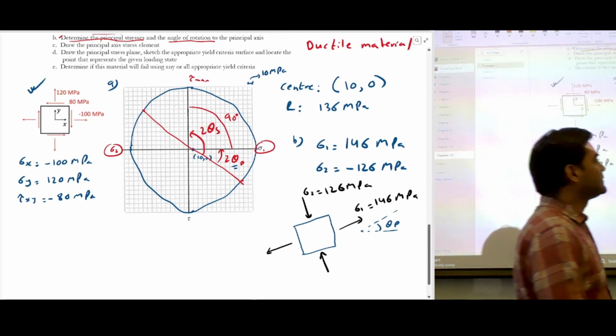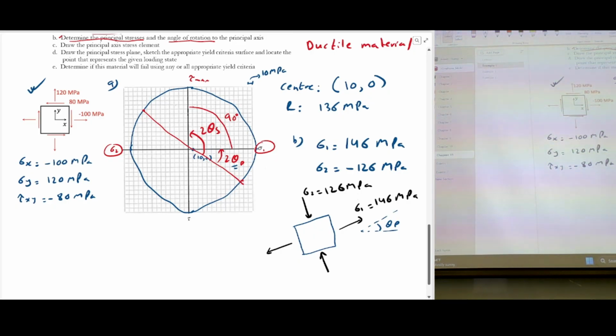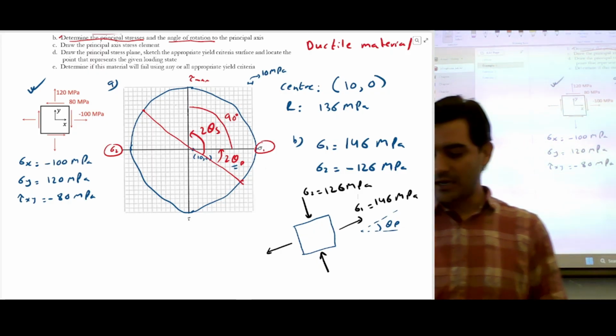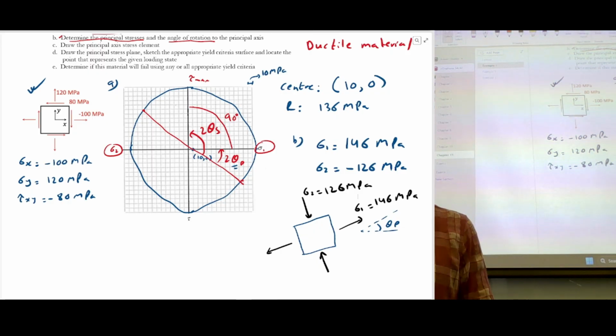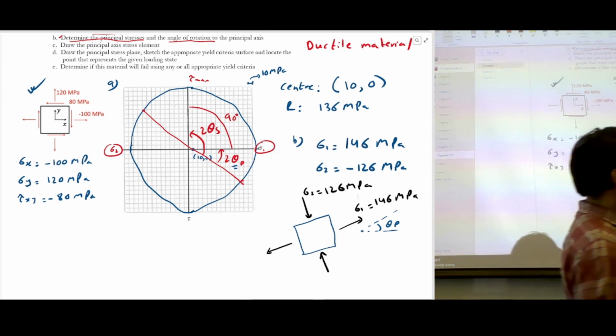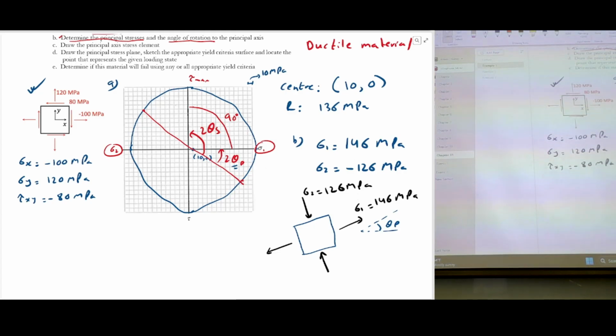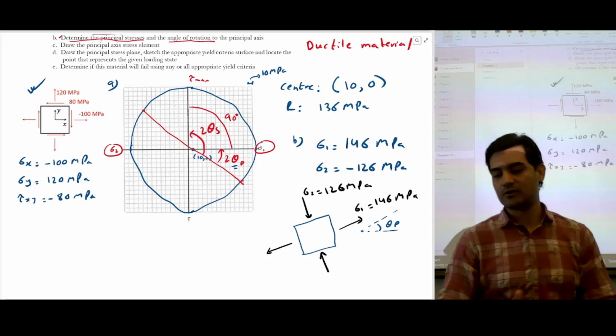But the maximum stress we are getting is 146 megapascals. And it's a ductile material, so now we have to use the yield criteria to figure out whether, under our loading condition, the material will fail or not.